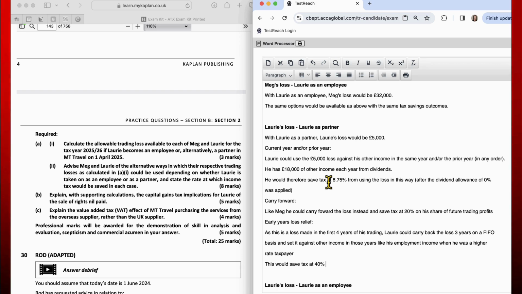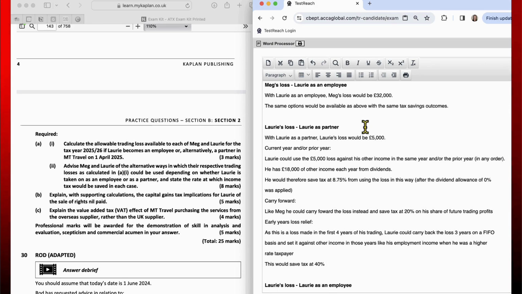Well, that's true, but you could pick that answer up and put it in against anybody's answer. We need you to be writing in a way that's very specific to this client and this client's situation. So it's making sure you don't talk about loss reliefs that aren't relevant. So if the trade had ceased, you wouldn't be going on talking about carry forward, although I always think it's worth a quick mention. Carry forward's not an option because the trade is ceased. But in this case, it is an option here in this particular question.